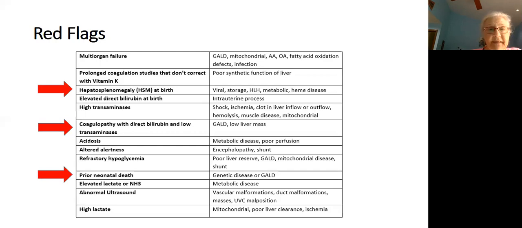So that's a red flag. Certainly a coagulopathy with direct bilirubin but low transaminases may indicate GALD or something that has a very low liver mass. And then prior neonatal deaths always make us really worry about genetic liver disease, and again, GALD is on that list.